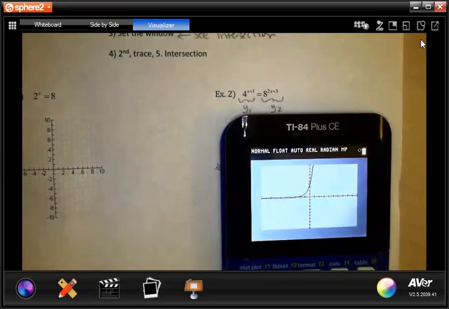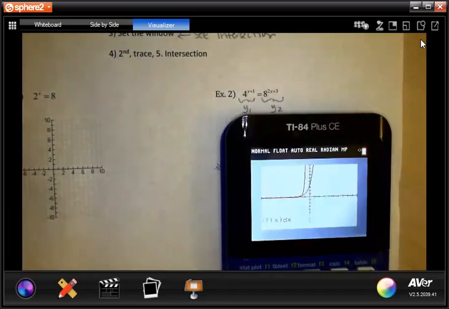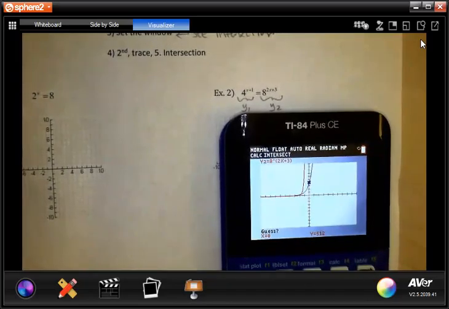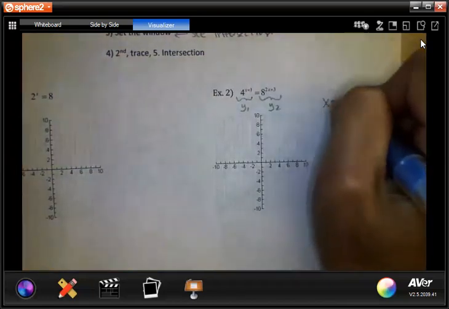Doesn't really matter how big the window is though, since what we're looking for is the intersection, and you just have to be able to see that. So we see the intersection happen somewhere right about there. So we're going to hit second trace intersect, enter, enter, enter, and there it is at negative 1.75. So that is our intersection point. That would be the answer here.